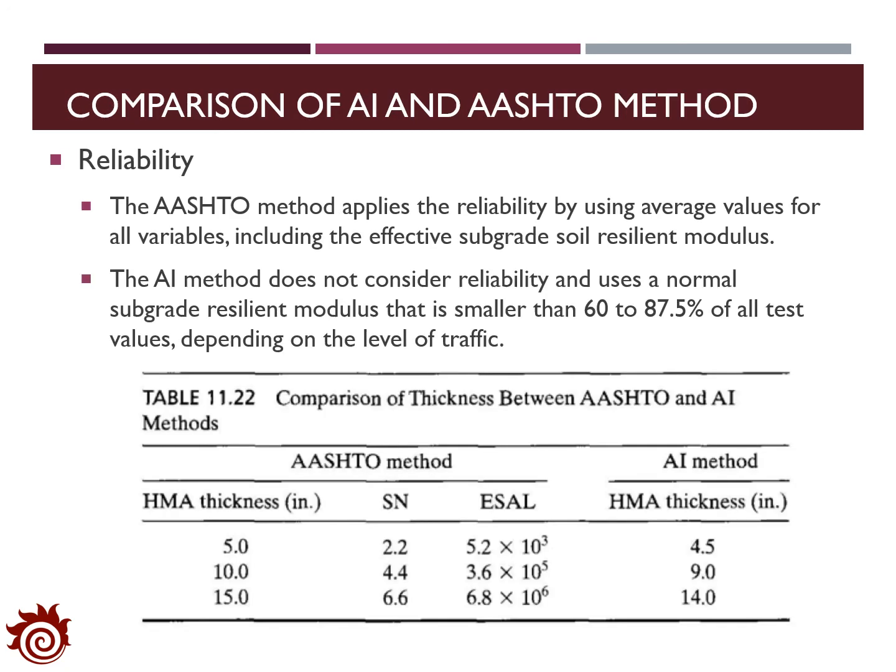Finally, we can make a comparison between the AI and the AASHTO methods. Actually, these two methods are very different due to the consideration of reliability in the pavement design. The AASHTO method applies reliability by using the average values of the variables, including the effective subgrade soil resilient modulus, while the AI method does not consider reliability and uses the normal subgrade resilient modulus that is smaller than 60 to 87.5% of all the test values, and the percentile is selected based on the level of traffic.